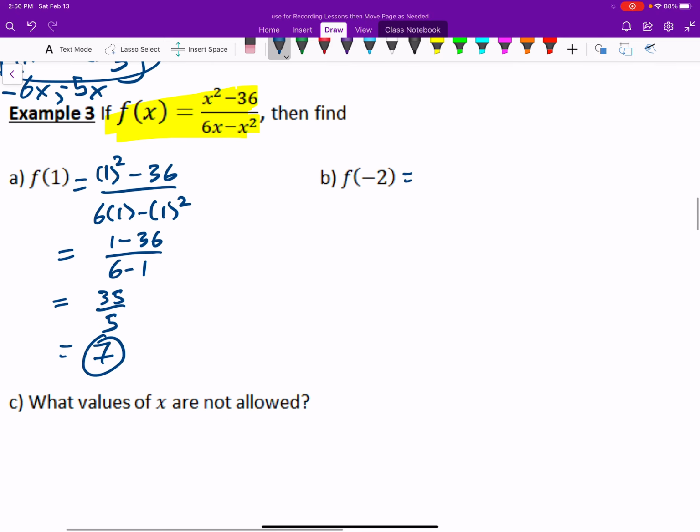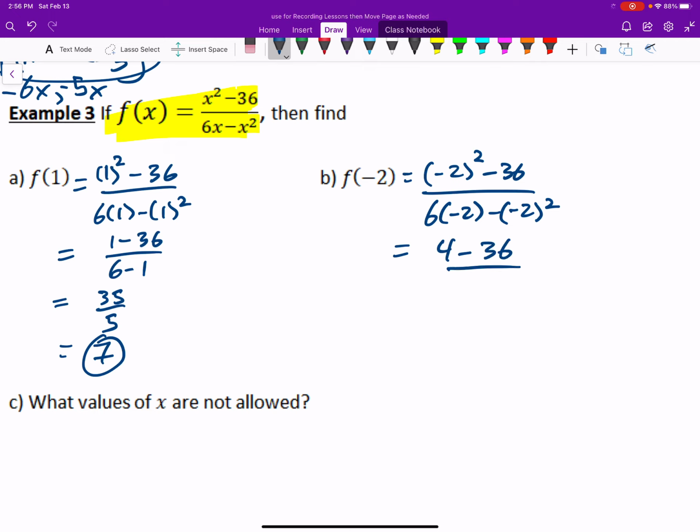All right, if I put negative 2 in everywhere there's an x, okay, negative 2 squared is 4 minus 36 over negative 12 minus positive 4. That gives me negative 32 over negative 16, which equals positive 2.